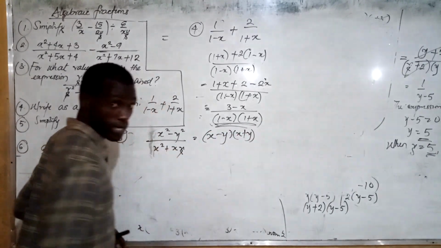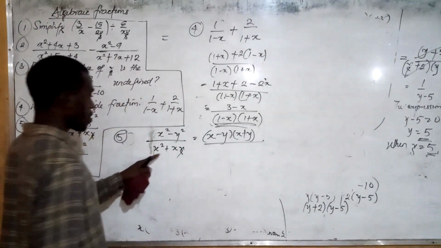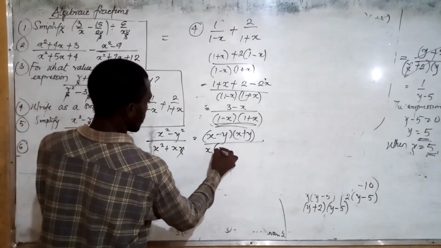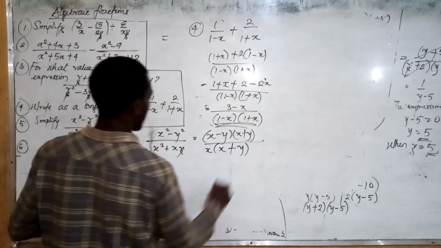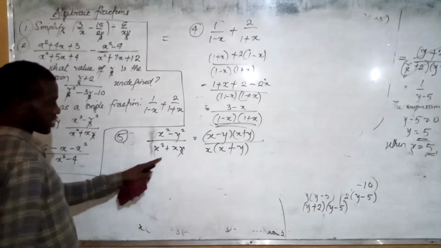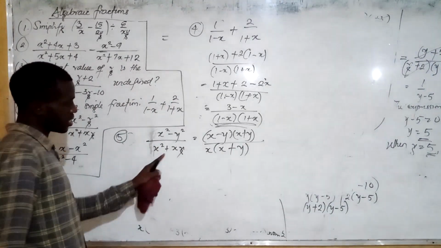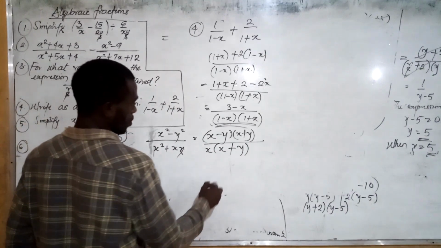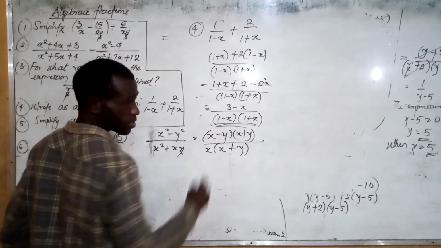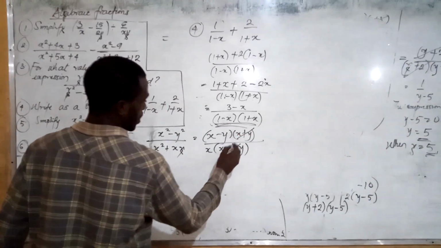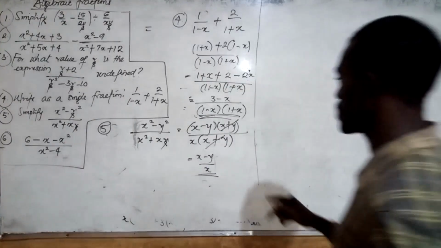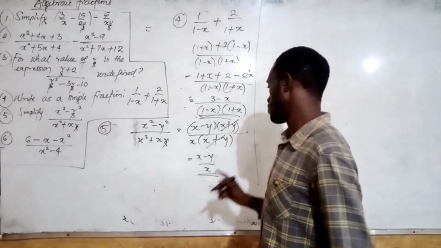Remember, difference of two squares, all over. Now we factorize the denominator. x is common between x squared and x, and y is left, so we have x plus y. Since x plus y is common in both the numerator and denominator, we cancel out. Alright, so the answer is x minus y over x.